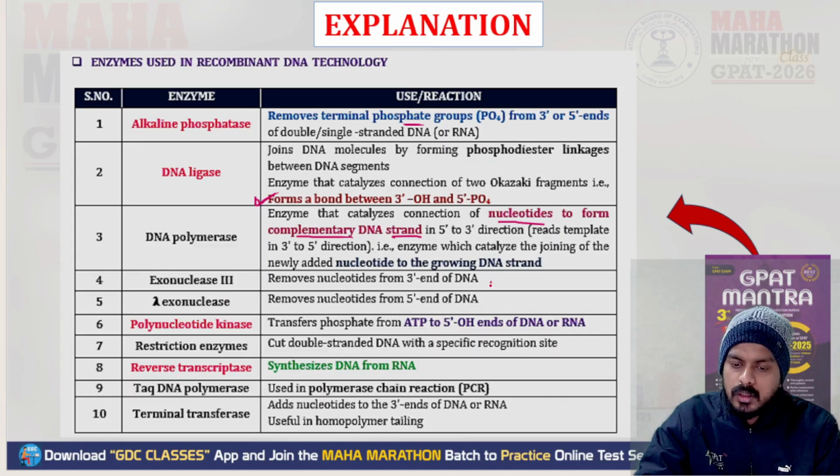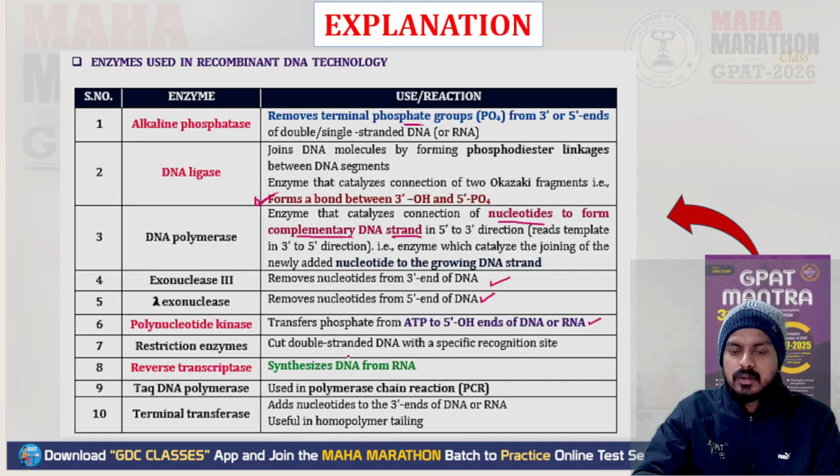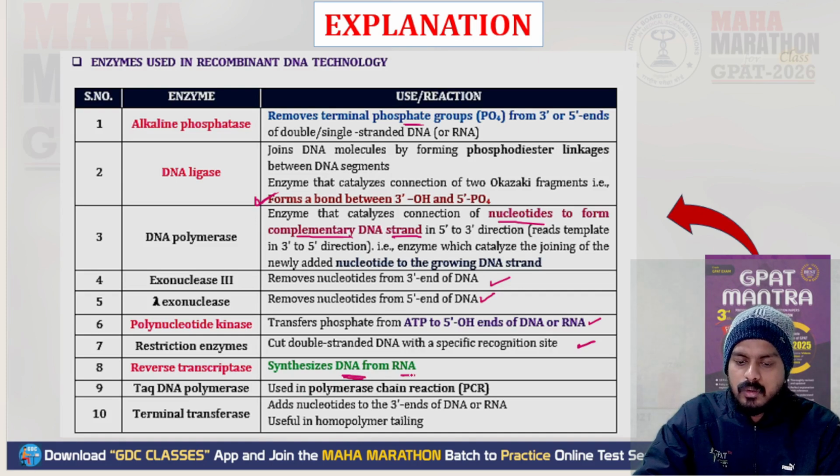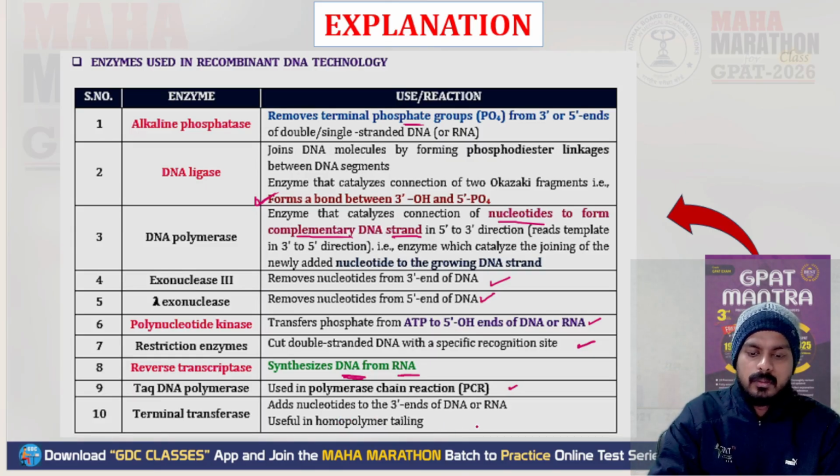Exonuclease III removes nucleotides from the 3' end of DNA. Lambda exonuclease removes nucleotides from the 5' end of DNA. Polynucleotide kinase transfers the phosphate from ATP to the 5' OH end of DNA or RNA. Restriction endonuclease cuts the DNA strand at a specific recognition site. Reverse transcriptase synthesizes DNA from RNA. Taq polymerase is used in PCR, and terminal transferase adds nucleotides at the 3' end of DNA.